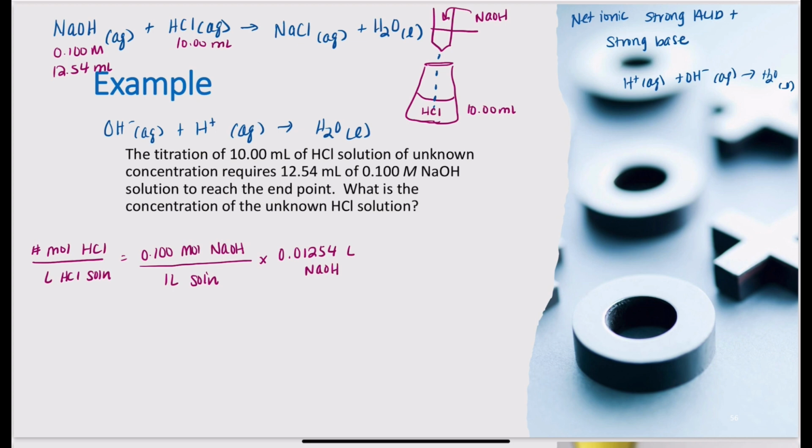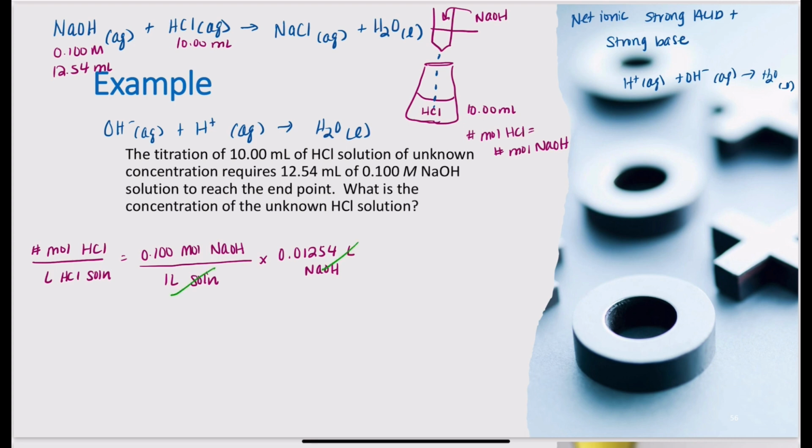The endpoint is when the number of moles of HCl are chemically equivalent to the number of moles of NaOH. What I mean by chemically equivalent is this reaction is a 1-to-1 ratio, 1 mole of HCl to 1 mole of sodium hydroxide, so 1 to 1. If I had used a different base source, like say calcium hydroxide, it would be half as many calcium hydroxide ions for 1 mole of HCl. Chemically equivalent by moles.